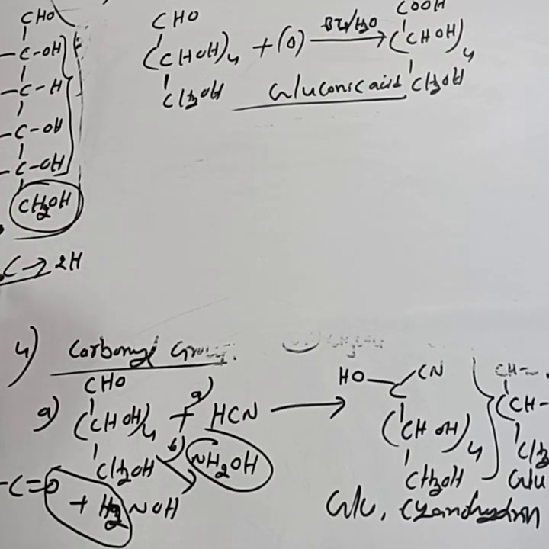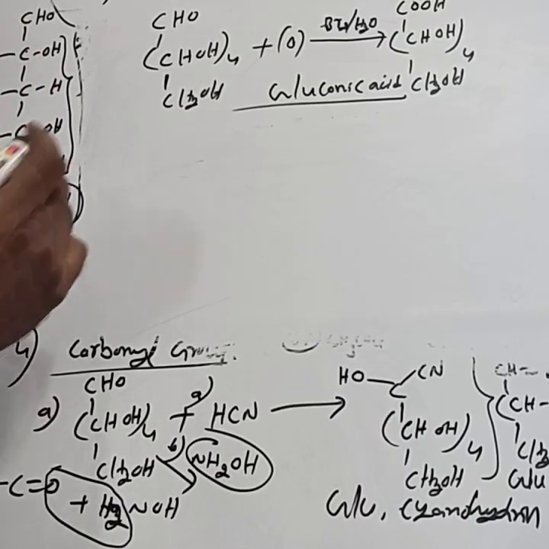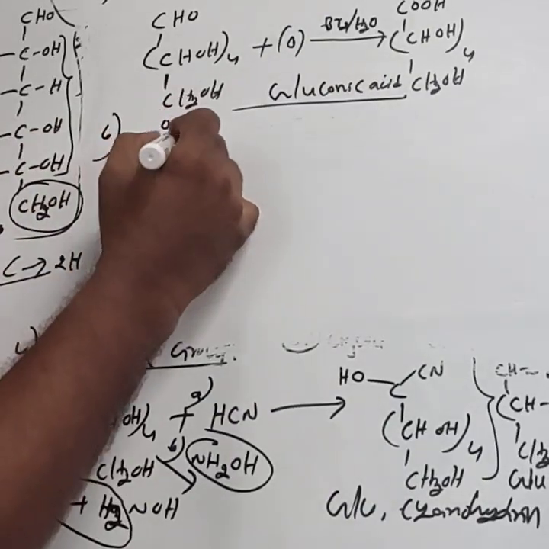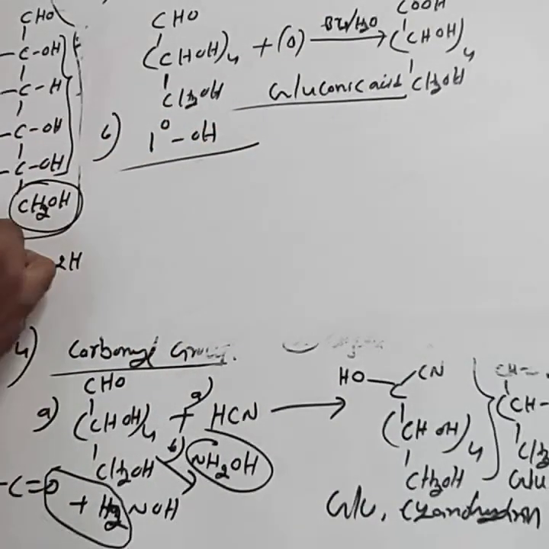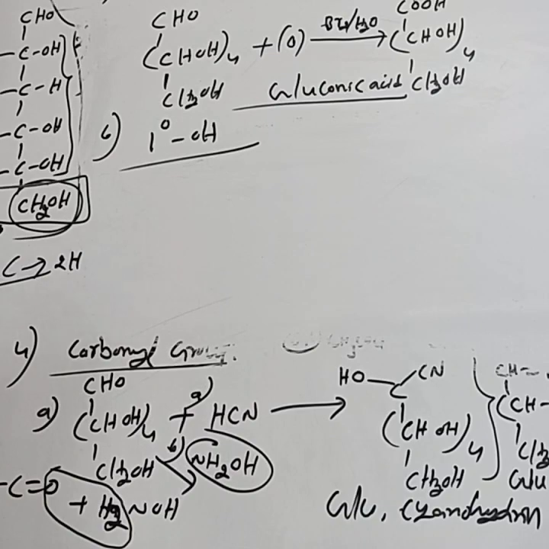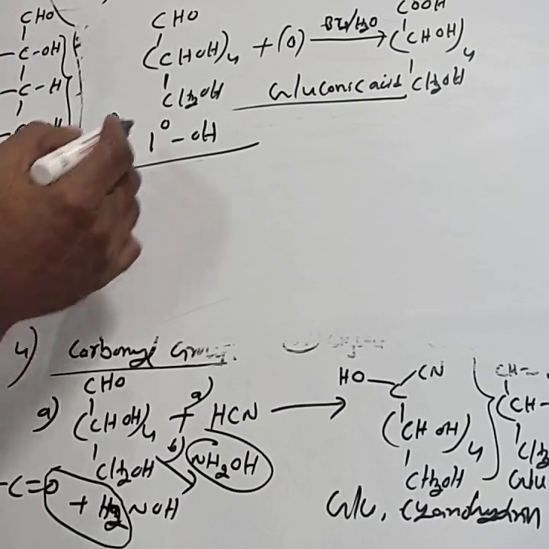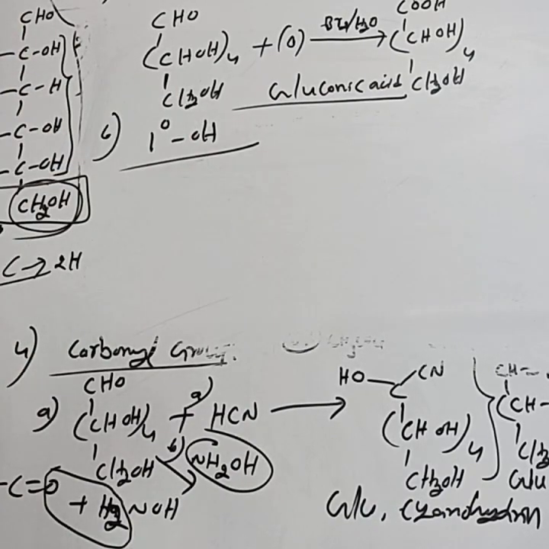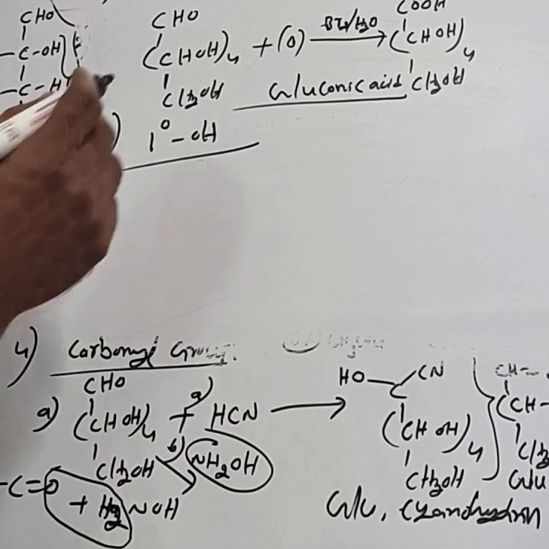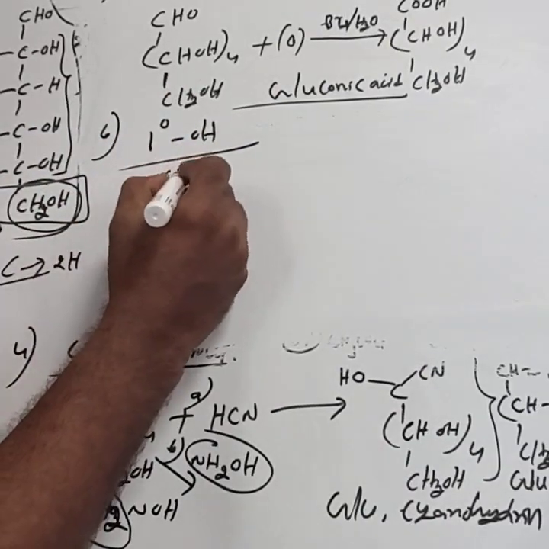You observe in the open chain structure that glucose contains one primary alcoholic group. CH2OH is the primary. You have to prove this one by using oxidation.